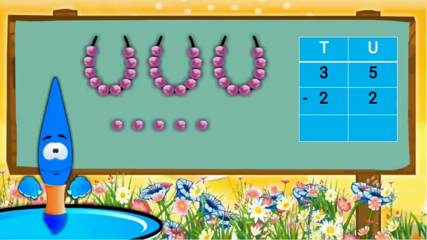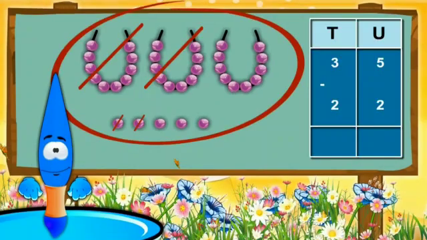Now second example. Here 3 strings are given. So how many tens are given? 3. And 5 single bits are given, that is units. So how many units are given? 5. So 3 tens and 5 units. And we have to subtract from them 2 tens and 2 units. For that we have to cancel them.